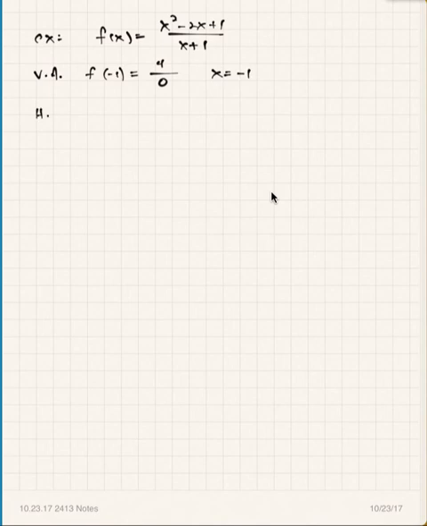Horizontal asymptote, you'd be looking at the limit as x goes to infinity. If we use the dominant terms, we get x squared over x, which is just x, and that goes to infinity, so we see no horizontal asymptote.